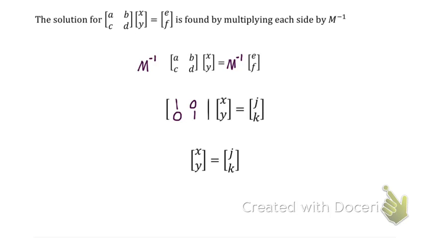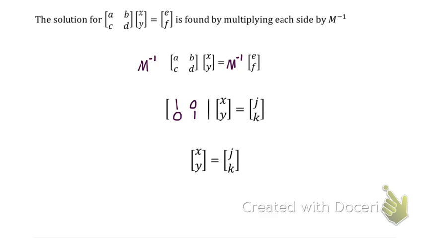When I multiply the identity by something, row times column, I'd have 1x plus 0y, and down below I'd have 0x plus 1y. Well, that just leaves me with x and y. So when I multiply both sides by the inverse, I eliminate this, and I'm left with x and y, and whatever's on this side is my answer.